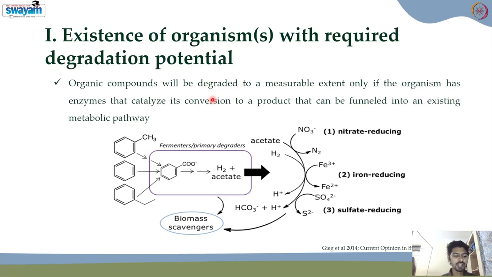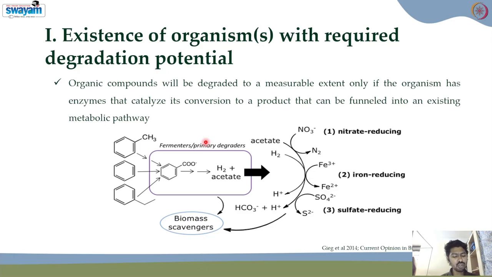For example, we will compare two examples. First, if you have a sugar, what happens? The microorganism will readily assimilate this sugar, break it down, and generate as much energy as possible. Whereas if you take plastic or a chlorinated solvent, which is often hazardous, it is a more complex chemical compound when compared to sugar. Why is it complex?